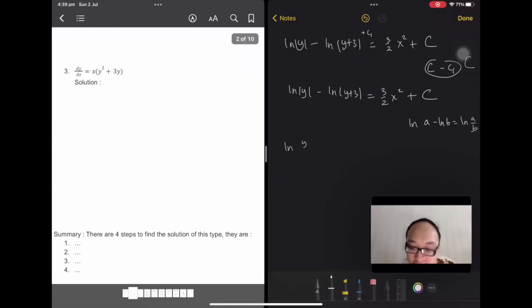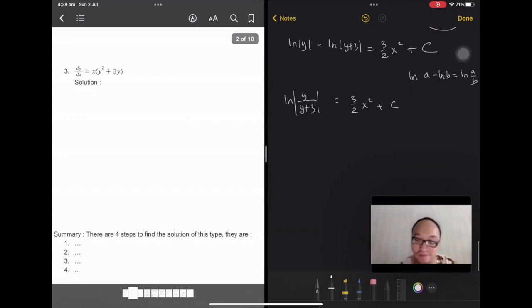So ln (y over y plus 3) equals 3 over 2 x squared plus c. And then we have to remove the ln, so it becomes y over y plus 3 equals e to the power of 3 over 2 x squared plus c.